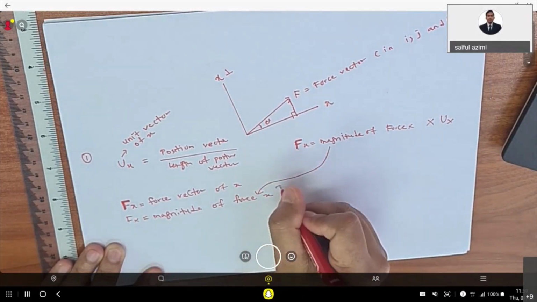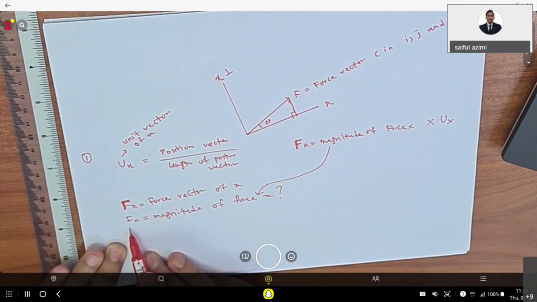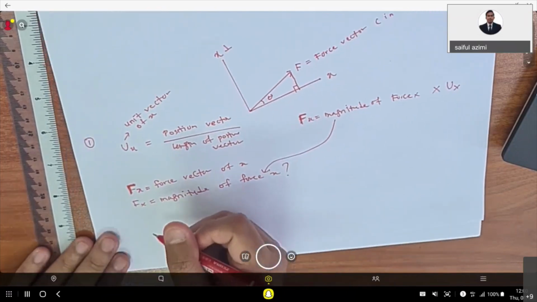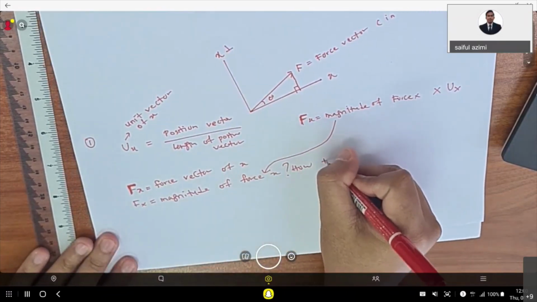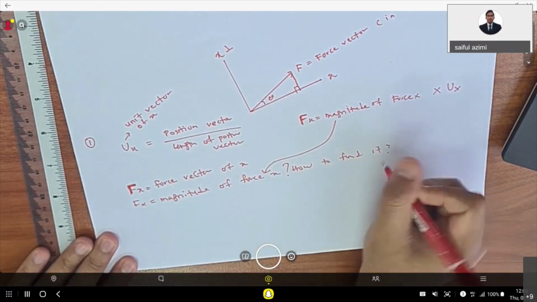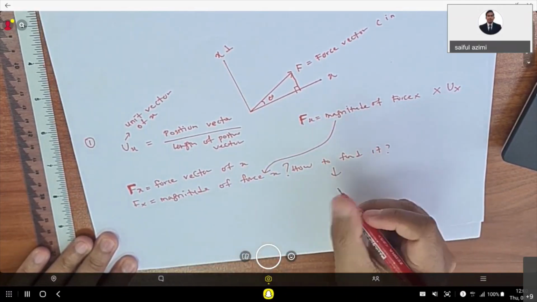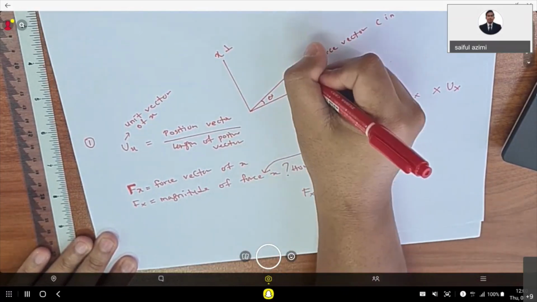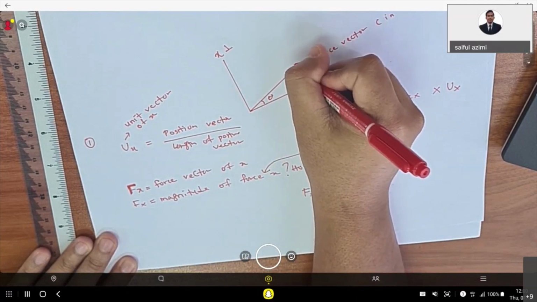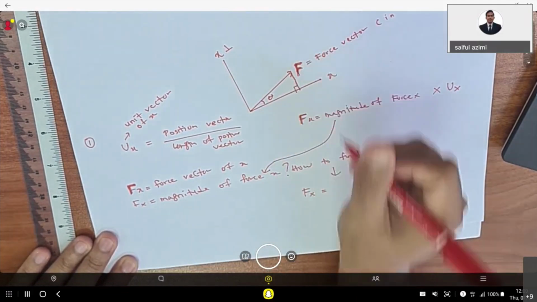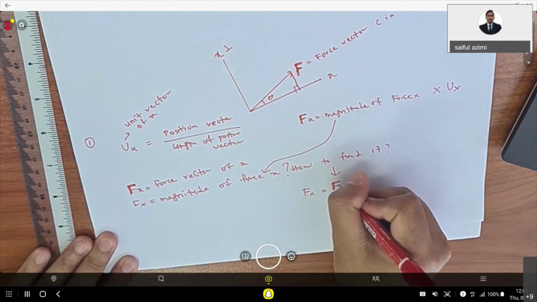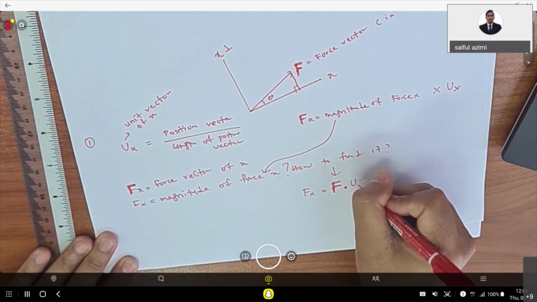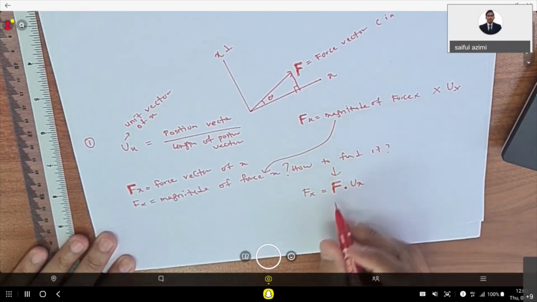To find Fx, we use Fx equals the bold F, dot product with ux, because it is a unit vector.